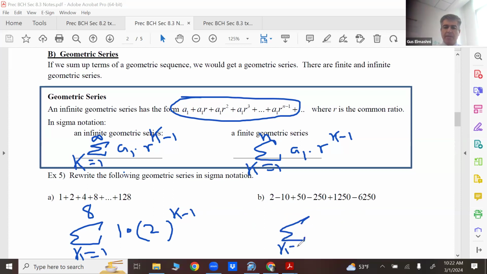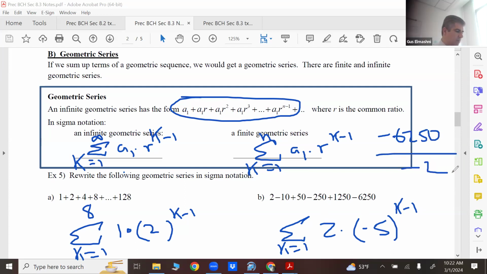Same thing here. K equals 1. What's the first term? 2. What's the common ratio, guys? Yeah, it's going to be alternating. We call it an alternating series, by the way. K minus 1, and... hold on, give me a sec here.